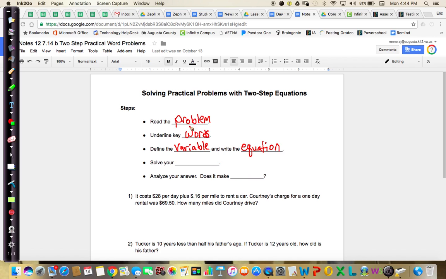After you write the equation, of course, you have to solve your equation. And then, of course, analyze your answer. Does it make sense?